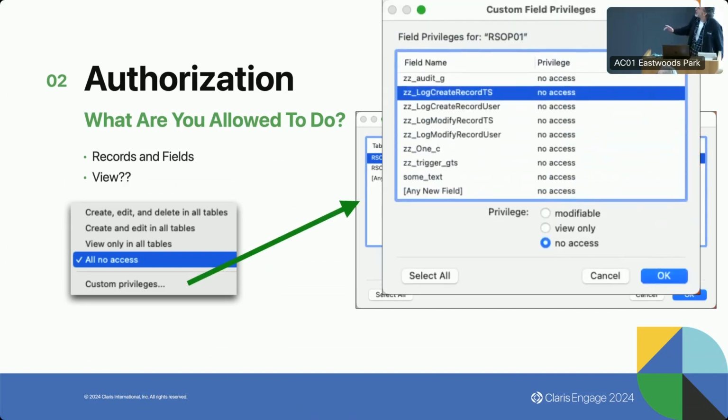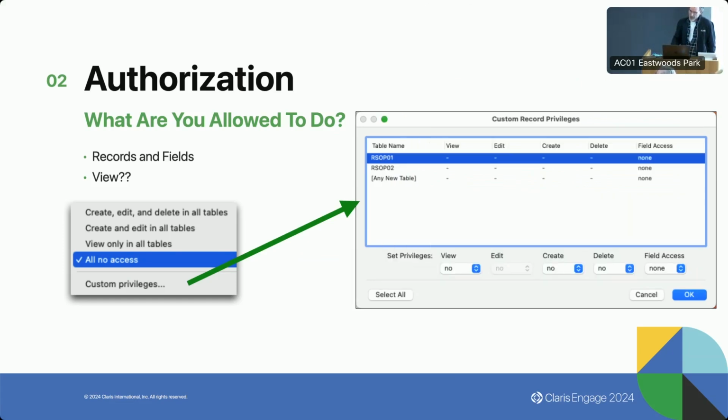Over on the right-hand side is this dialogue, right? And this is one of those dialogues that is very confusing because we're talking about access to data, and it has this thing there where it's really talking about fields and whether I can view fields, right? And that's where that question came from in the beginning. When it says view there, on the second column that we have, it doesn't really mean view, right?